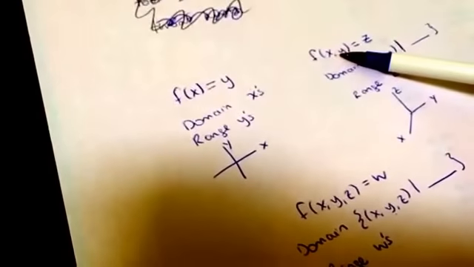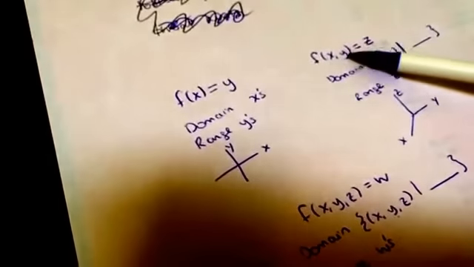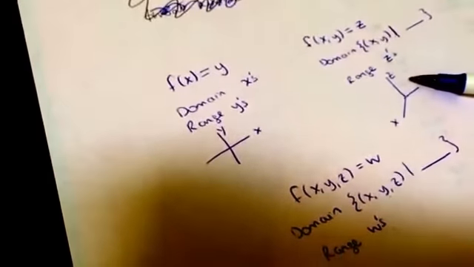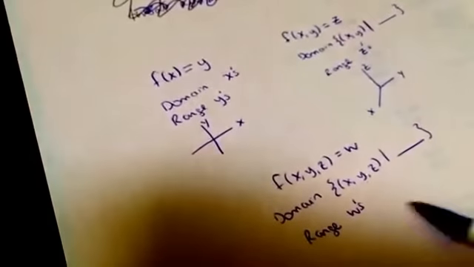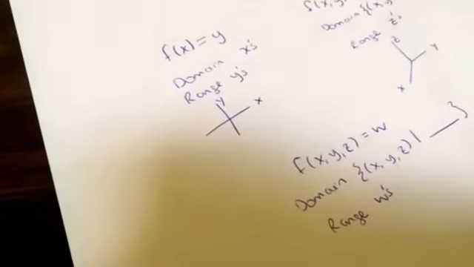Here I have two independent variables, one dependent variable, three variables total, so the graph is three-dimensional. And here I have three independent variables and one dependent one, so the graph, if I could draw it, would be four-dimensional. So that's just an overview, and you can extend that to higher and higher dimensions, but we're not going to go past three-dimensional graphing, because you can't graph in four dimensions.